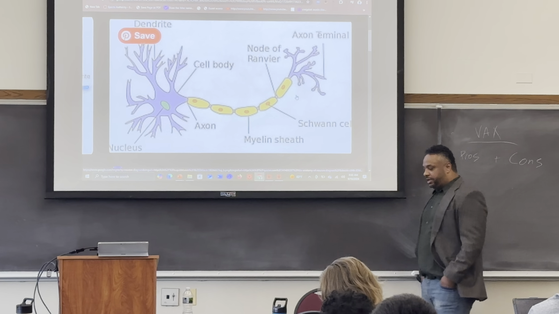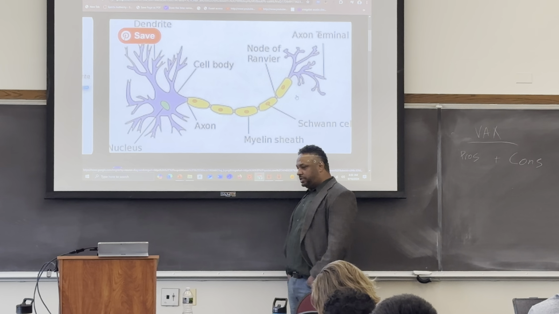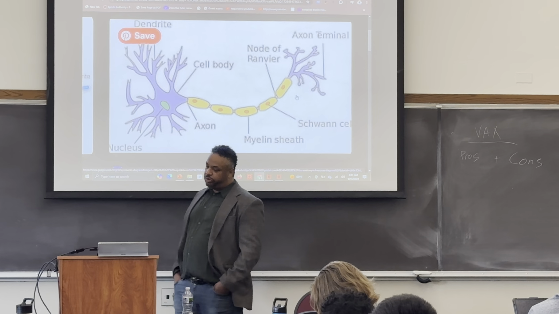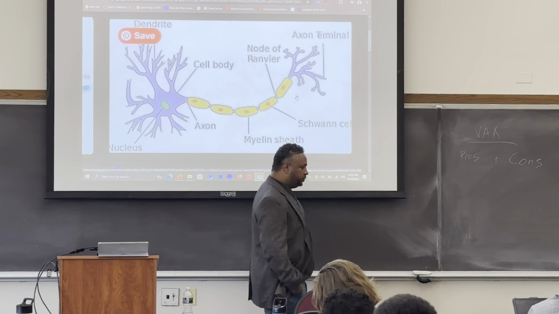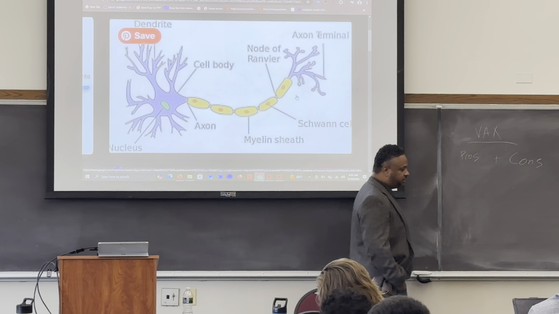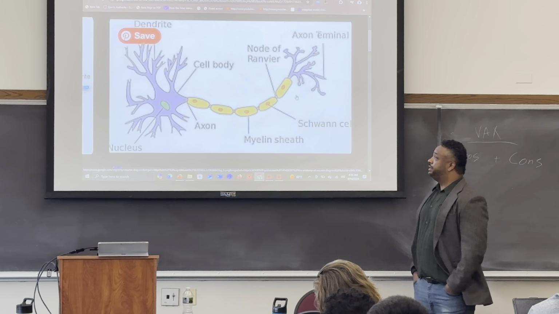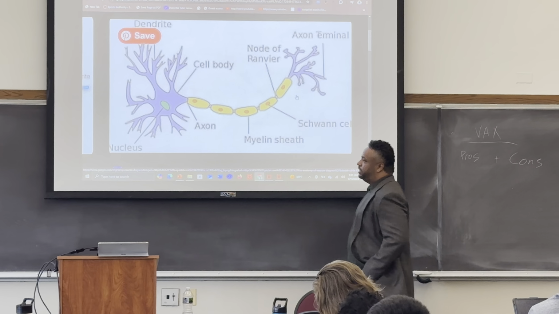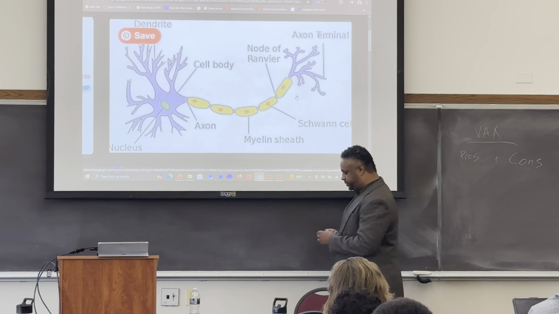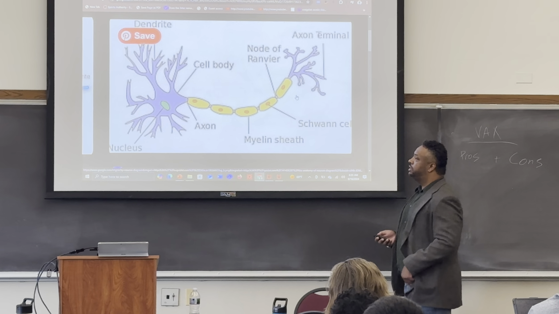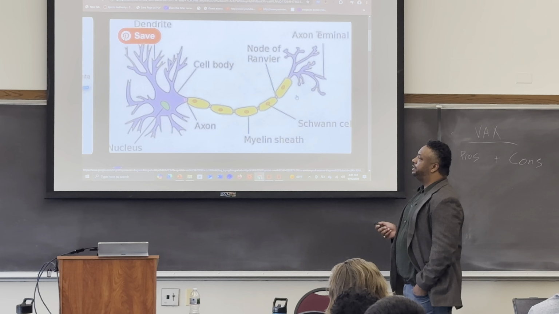So we're sending information from one place to the next, right? From the brain to the rest of the body to communicate responses, reflexes, impulses, all sorts of things. We could start off here with the nucleus. As we saw with other cells, every cell has a nucleus, right?